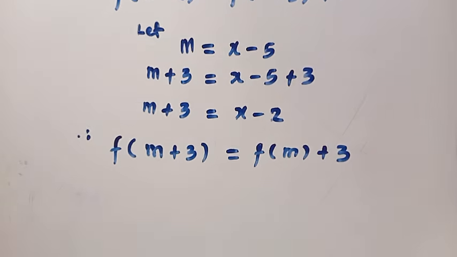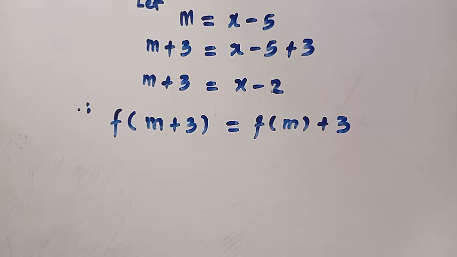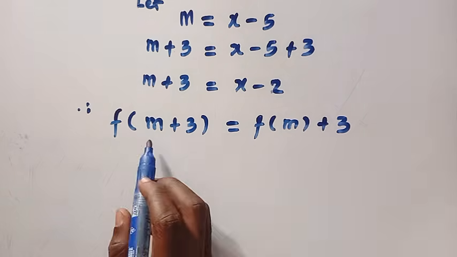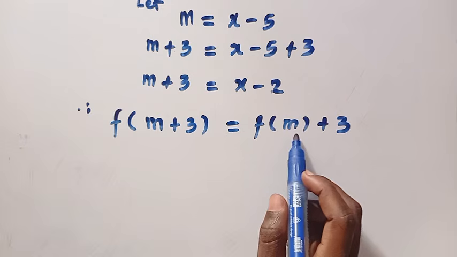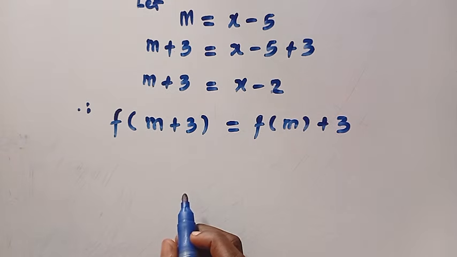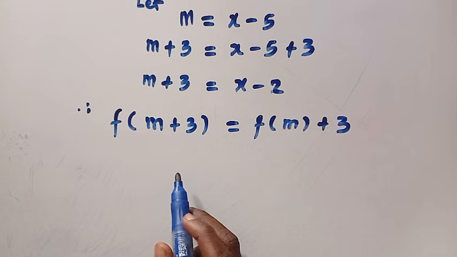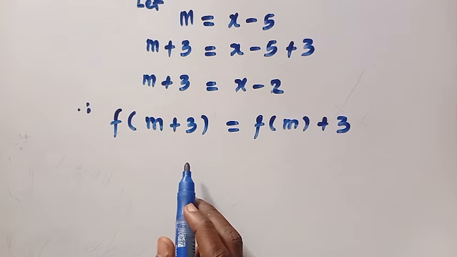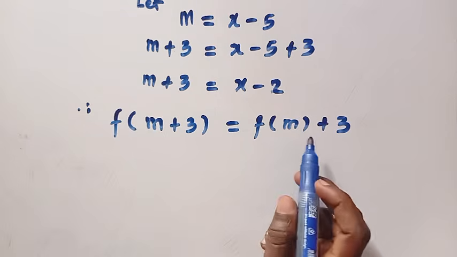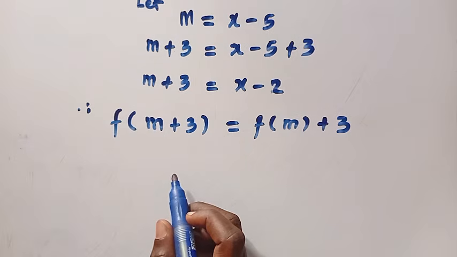After getting this, we have to look for some patterns. Looking at this, f(m + 3) = f(m) + 3, this is a function that increases by 3 whenever m increases by 3.